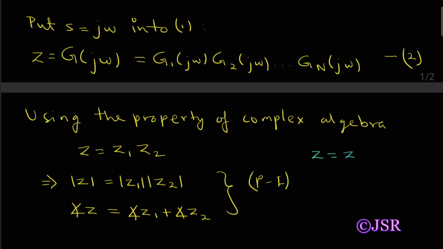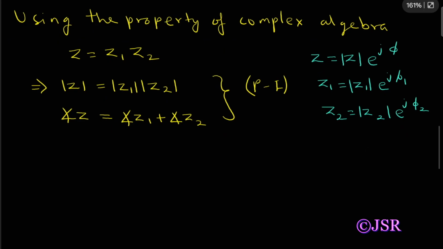So we can express Z equal to mod Z e to the power j phi, where phi is the argument of Z. Similarly, Z1 equals mod of Z1 e to the power j phi 1, and Z2 equals mod of Z2 e to the power j phi 2.